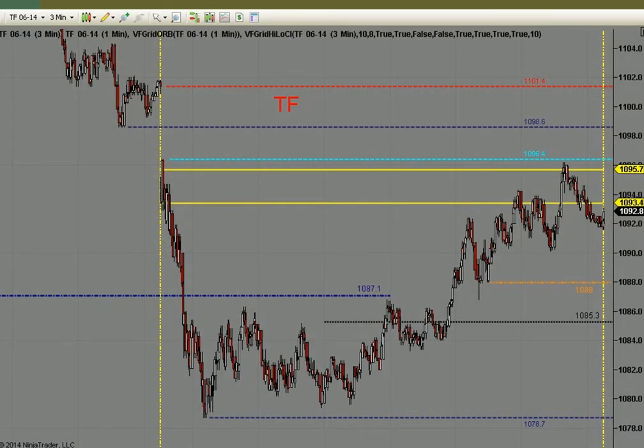What you see in front of you is sometimes referred to as a gap chart. It's RTH, regular trading hours only, and it's day session only, if any of those terms are more familiar to you. They do not include price action between yesterday's close and today's open.